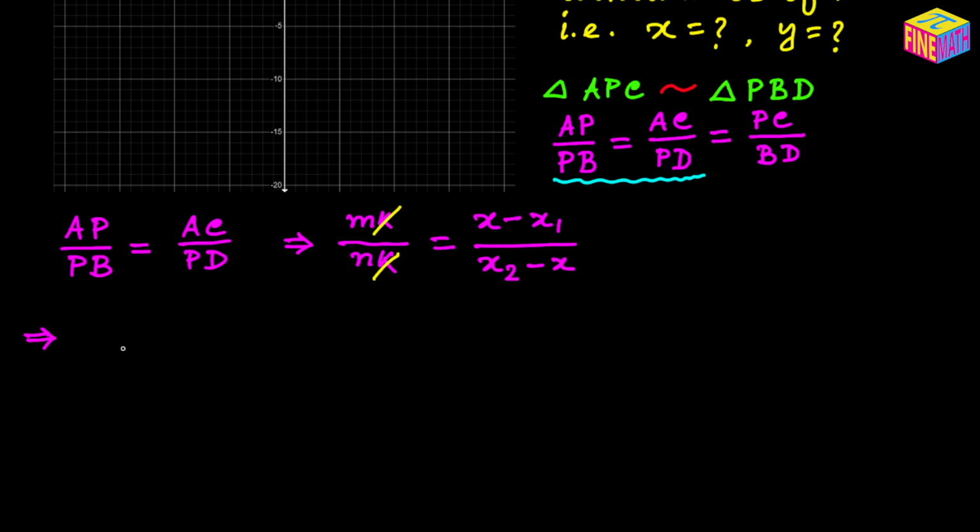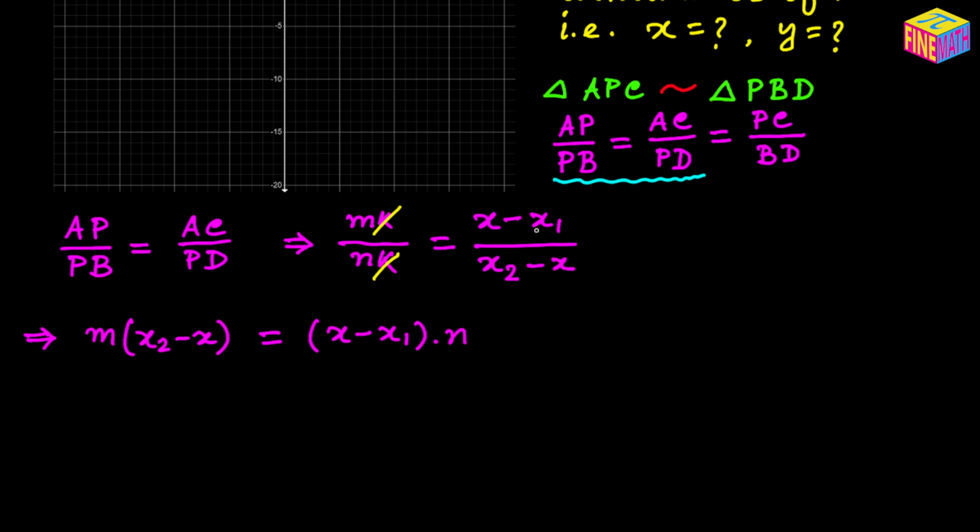So let's do that. From here, let's bring the x sub 2 minus x, which is currently in the denominator on the right hand side, to the left hand side. So then we will have m times x sub 2 minus x. And similarly, let's also bring the n, which is in the denominator on the left hand side, to the right hand side. So on the right hand side, we already have x minus x sub 1, and that will be times n.